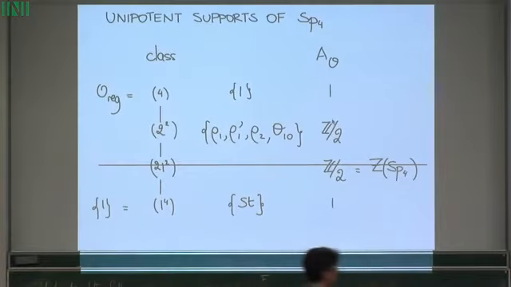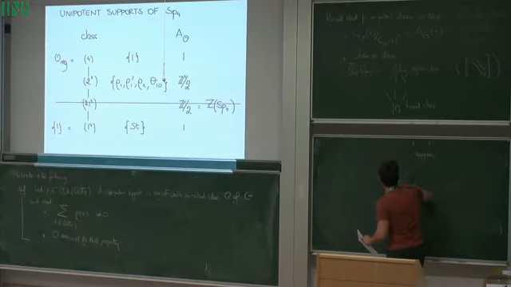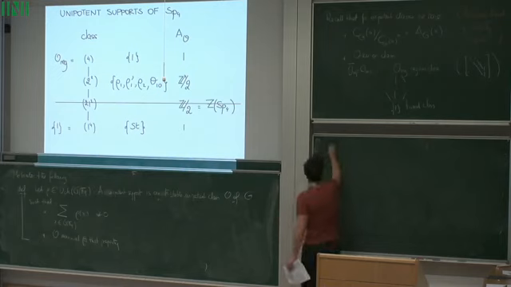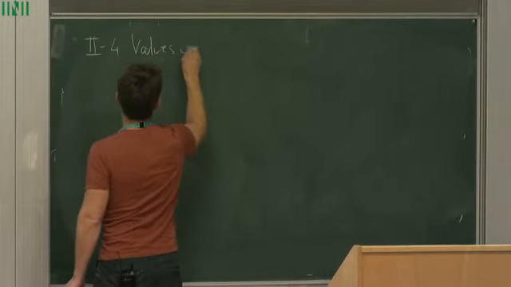Okay, so let me finish by explaining some insight for this classification, where does it come from? You can see it on the values of the unipotent characters.